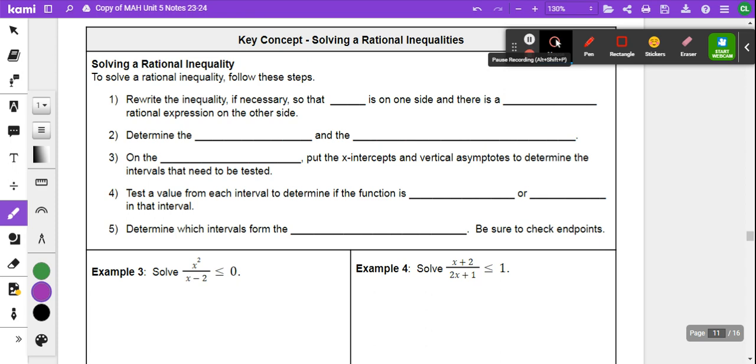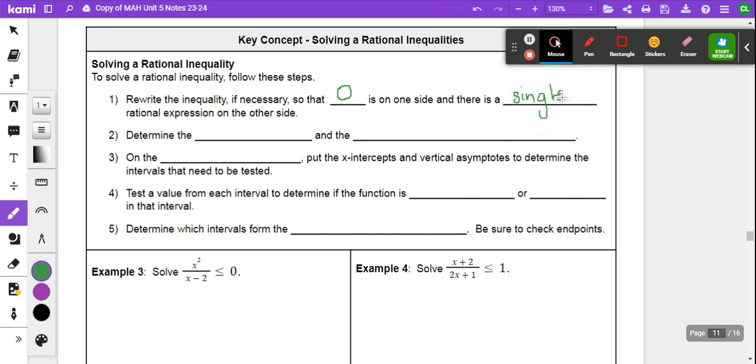Okay, when we look at rational inequalities, we're going to treat inequalities the way we've treated all others, and that is to use a graph. So again, the textbook does it differently than the way I do it. So first step is going to be rewrite the inequality if necessary so that 0 is on one side and there's a single rational expression on the left.